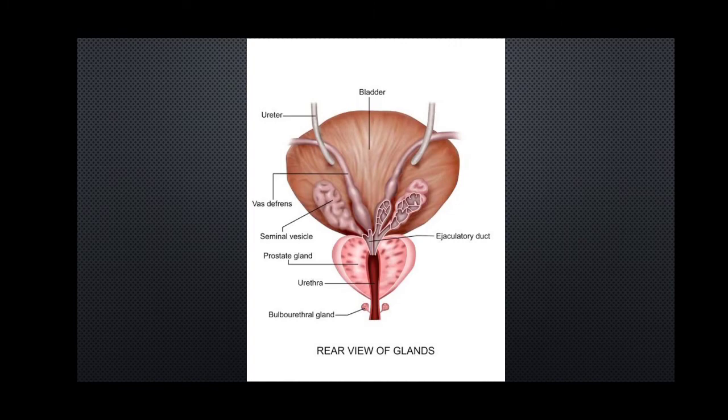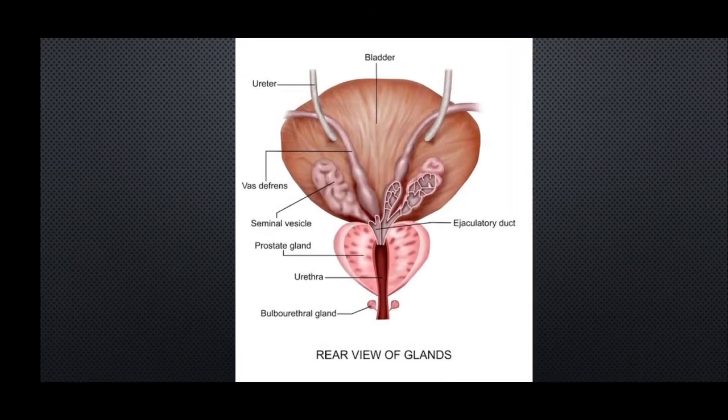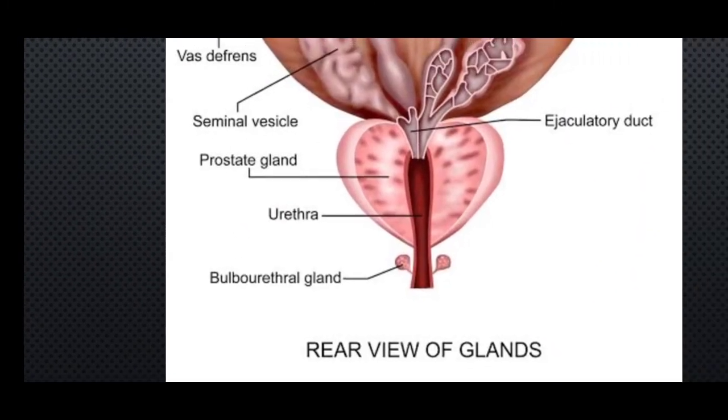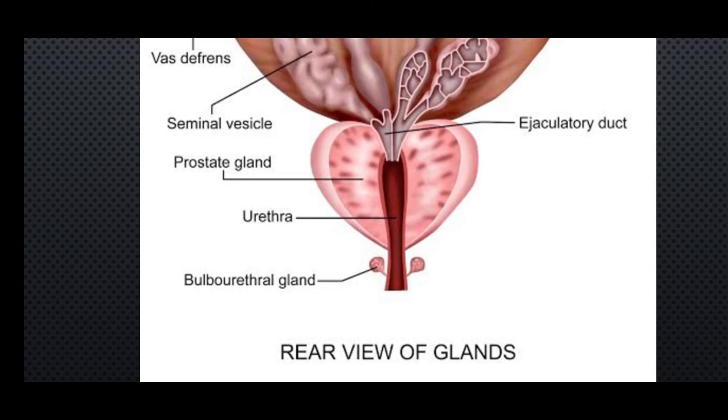But right before that, there is one necessary step required, which is done by the bulbourethral gland. It is responsible for neutralizing the entire distal urethra, because the urethra contains traces of urine that was secreted prior to this entire secretion.